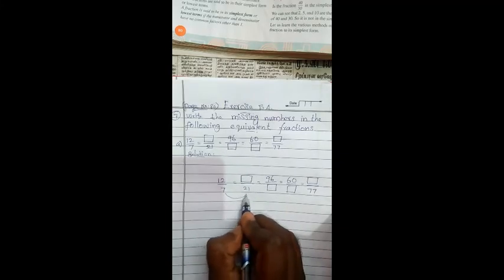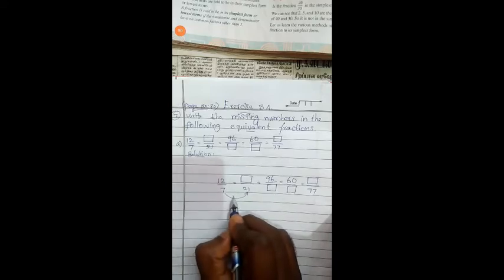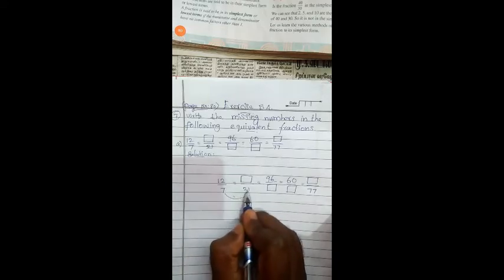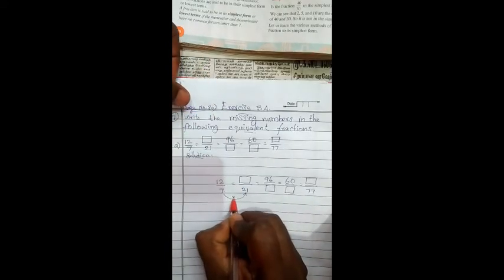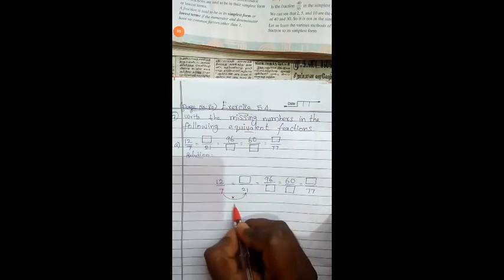How did we get 21? By multiplying, because 21 is more than 7. If you multiply by some number, it will be more. So definitely multiplication. By what number? This is an easy number. 7 3s are 21, right?